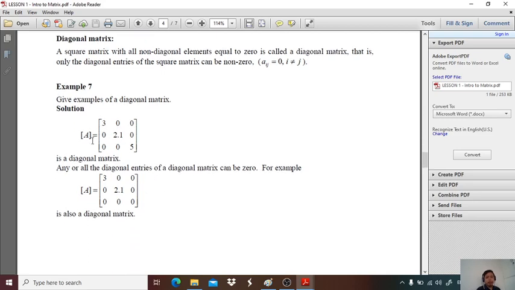Although we can also consider diagonal entries, let's say in the 3,3 position we have 0. This will still be considered a diagonal matrix, since the upper and the lower triangular parts are zeros.